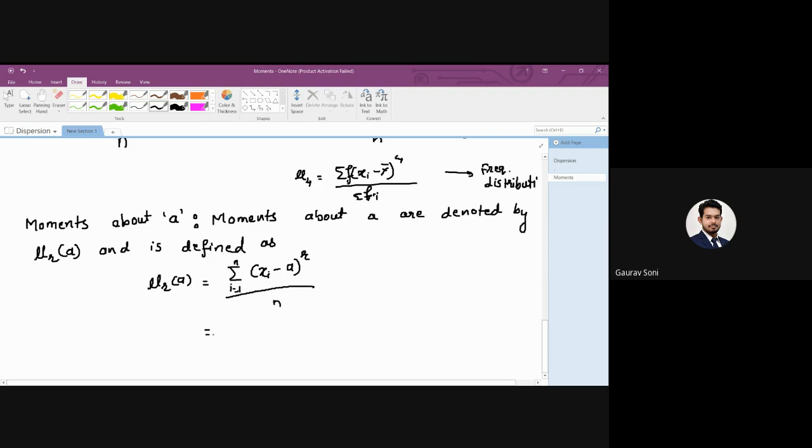The same formula for the frequency distribution: summation fi (xi minus A) raised to r, i running from 1 to n, divided by summation fi, i running from 1 to n. This is for the frequency distribution. This is for the raw data.